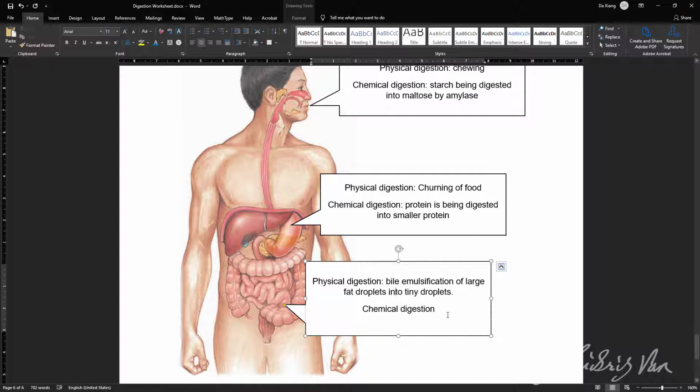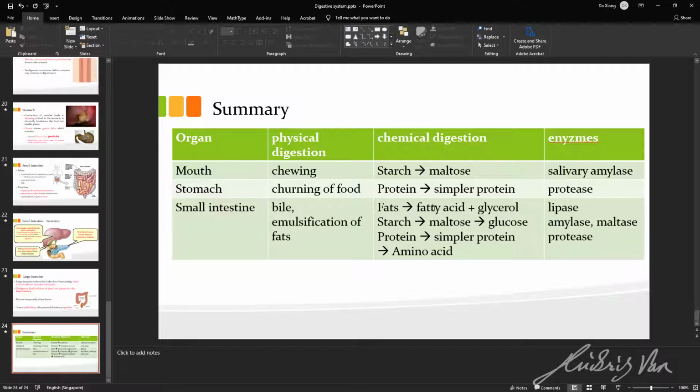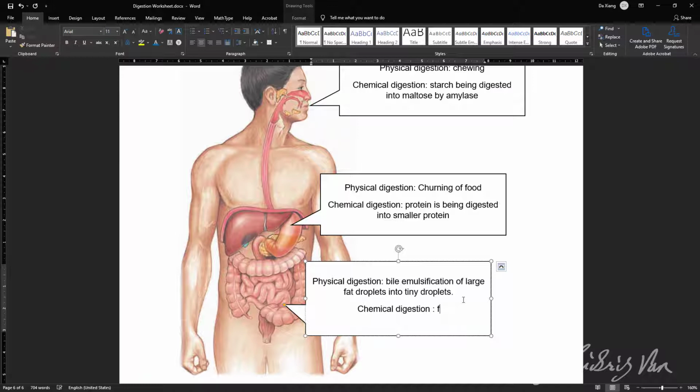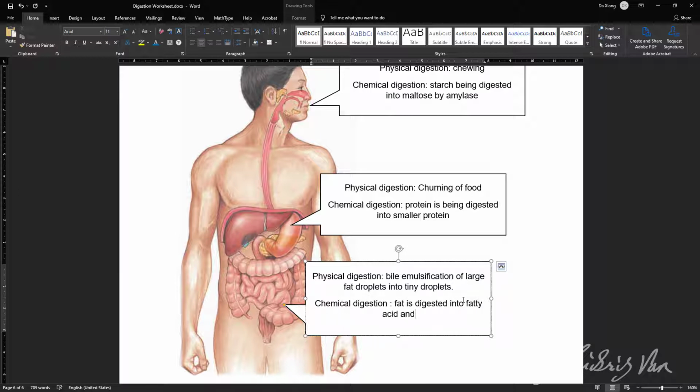Okay, for chemical digestion, as mentioned, is actually everything. Fats to fatty acid and so on. So fats is digested into fatty acid and glycerol.